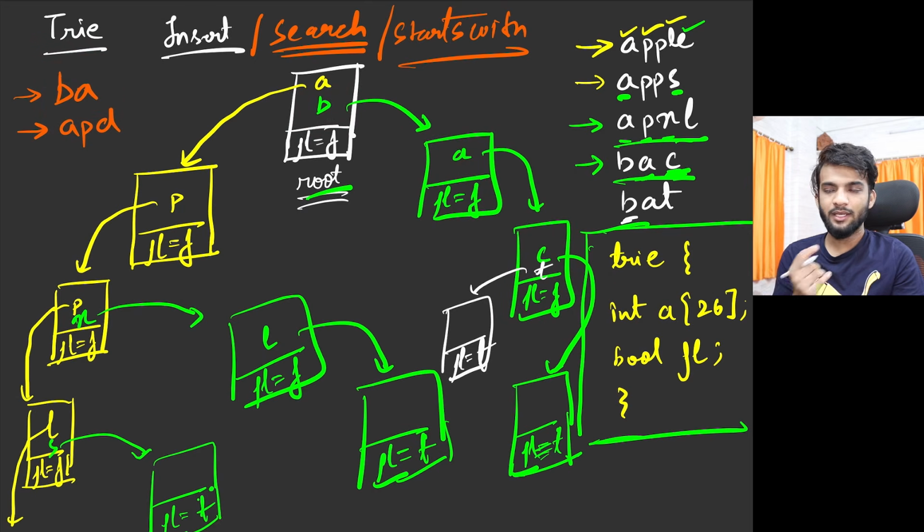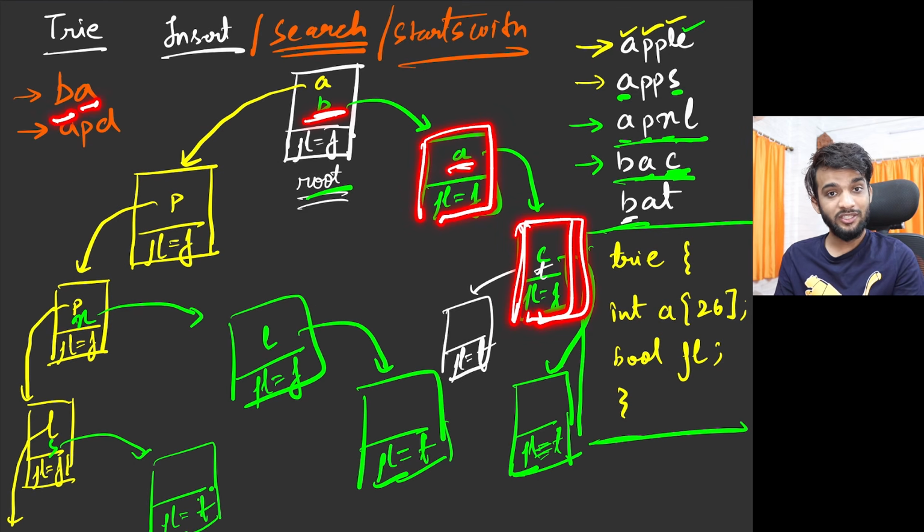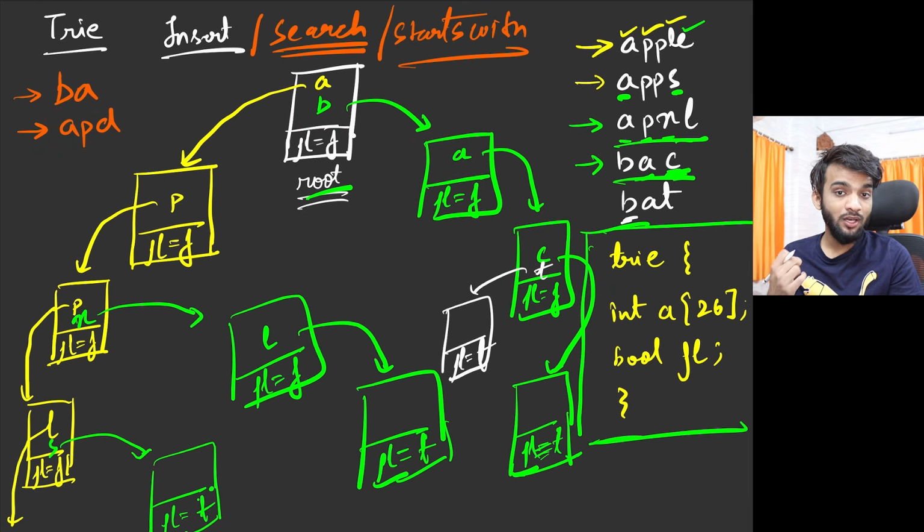The longer word can be anything, but there is definitely a BA. That's why you started with B. For B, this was the reference. For A, this is the reference. So you found a reference for both, that's why you're standing over here. Thereby, if I'm standing at a not null position, I can say there are words that start with BA.